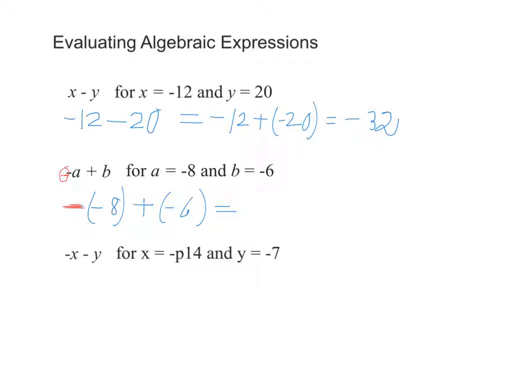Those two negatives in the beginning, right here, are actually going to turn into a positive. One of the numbers is positive, the other is negative, so I'll subtract. 8 minus 6 is 2, and I'll leave it positive since the 8, the larger number, is positive.